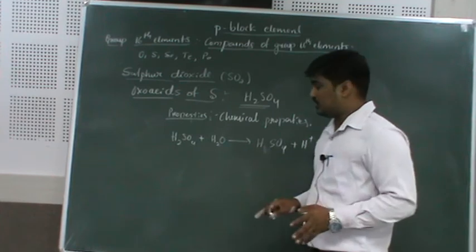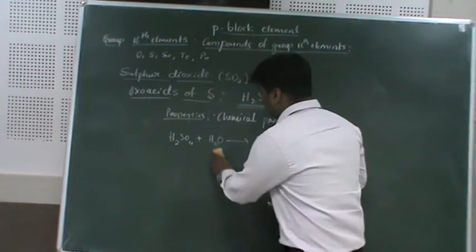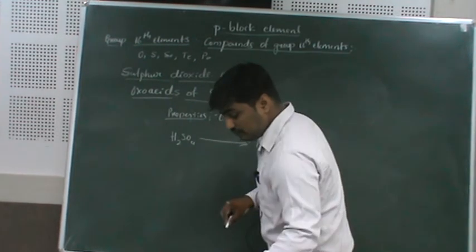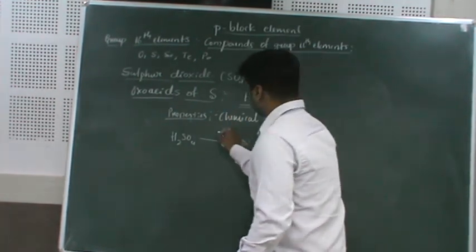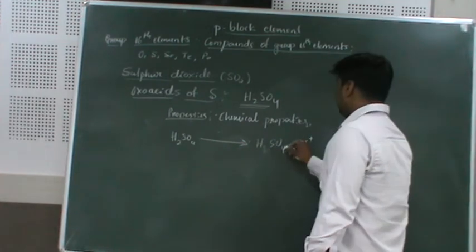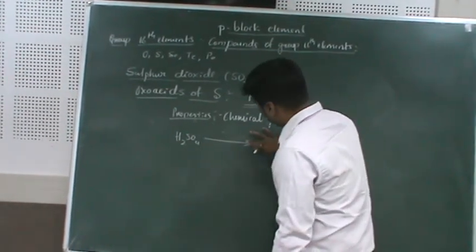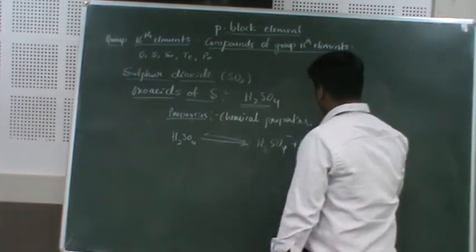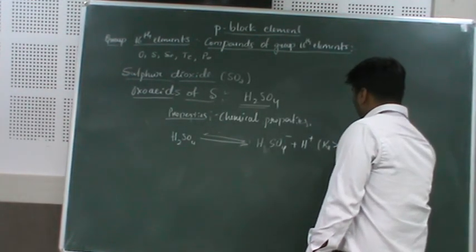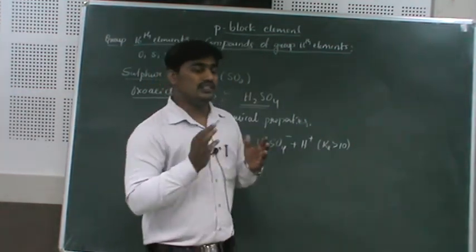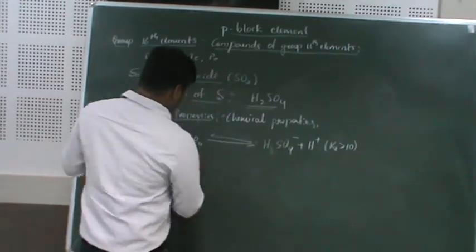There is no need of showing the water in the representation here. It gets converted into HSO4 minus and H plus. For this dissociation, the Ka value is more than 10. Therefore, it is a strong acid.